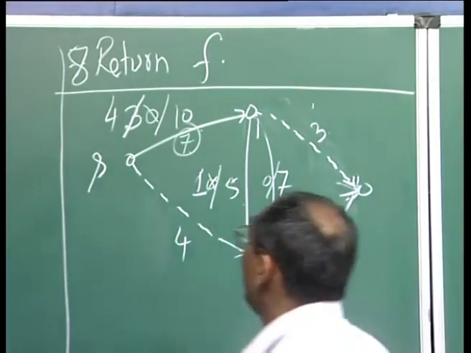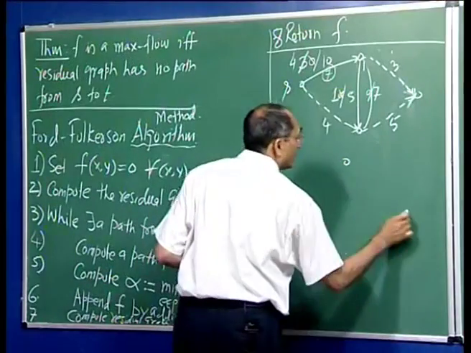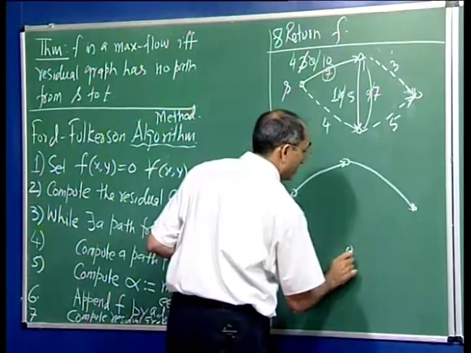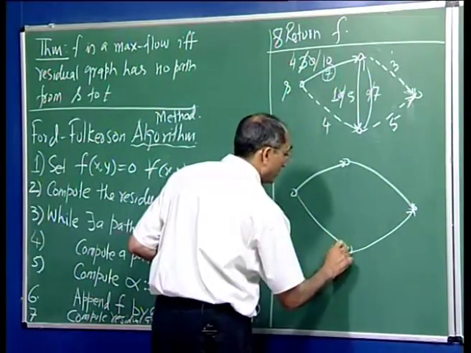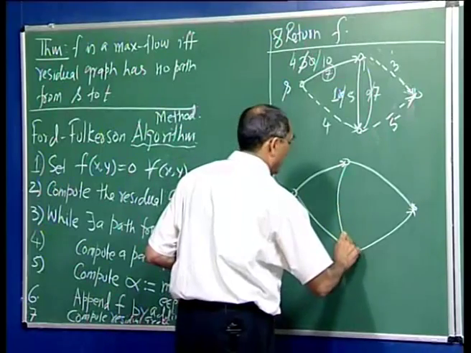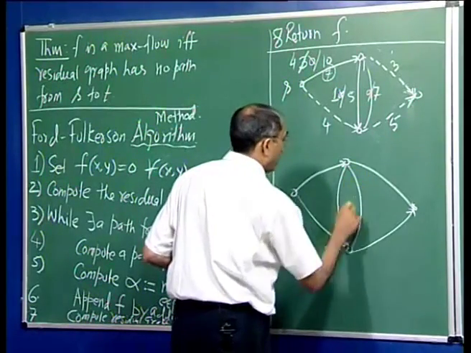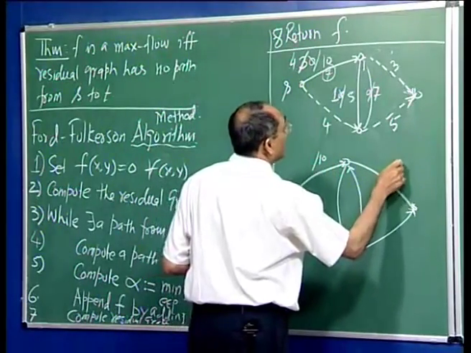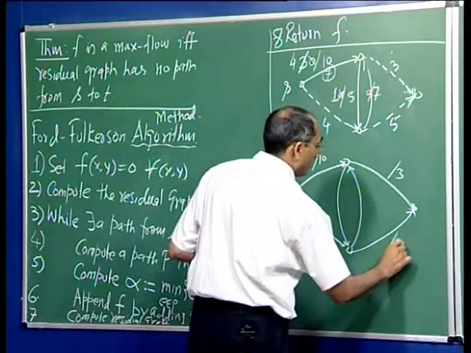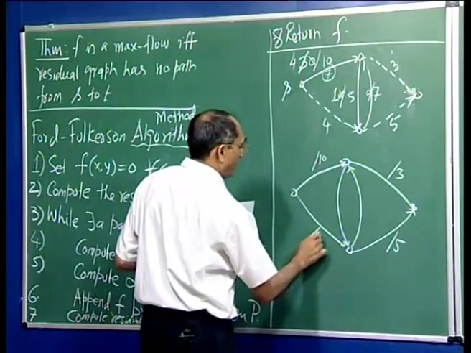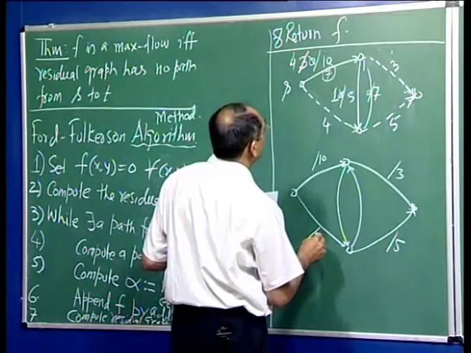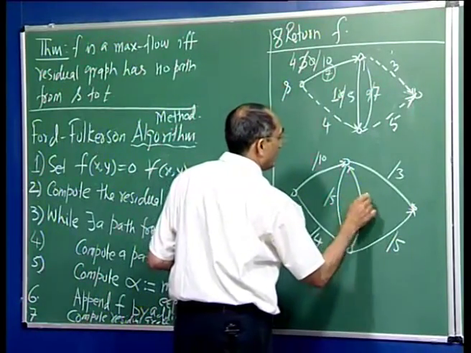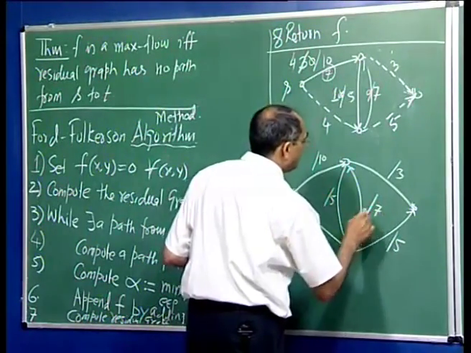So, the flow that we have computed, of course, the capacities being 10, 3, 5, 4, 5 here and 7 here.